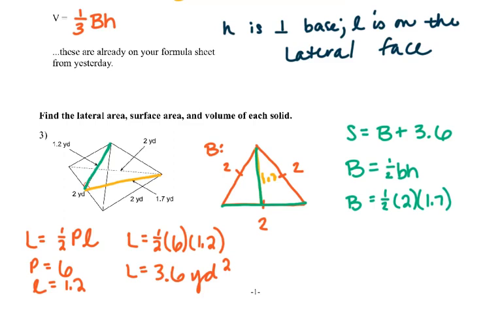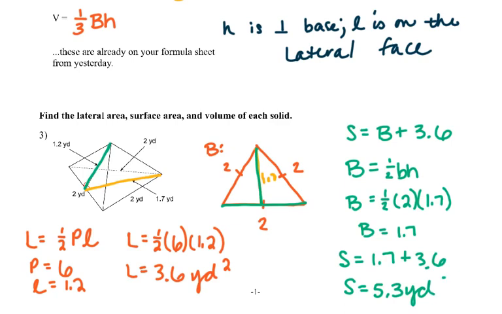And the area of our base is just 1.7. Half of 2 is 1. 1 times 1.7 is 1.7. So we're going to find our surface area to be 1.7 plus 3.6. And let's see here. I don't know why I'm using a calculator, but the total surface area is 5.3 square yards.